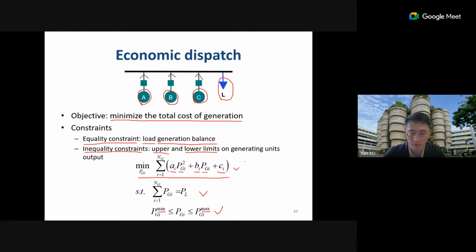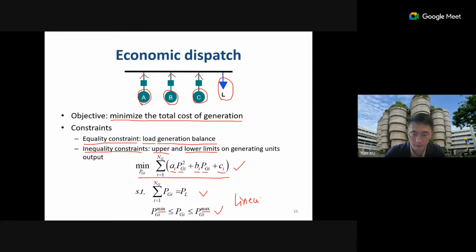So this is the total generation cost. Now, here you can see that we have a very compact, very simple mathematical model. Of course, the constraints are all linear, right? The constraints are all linear.